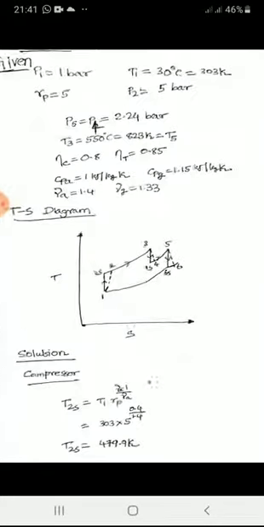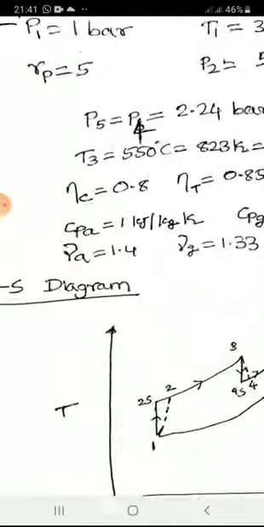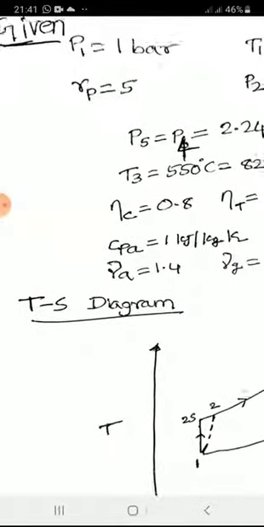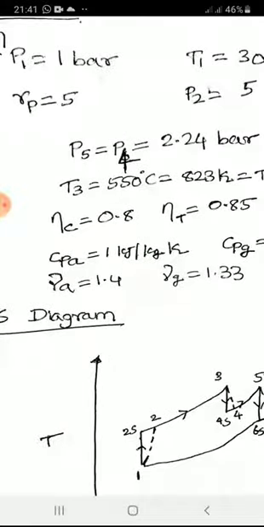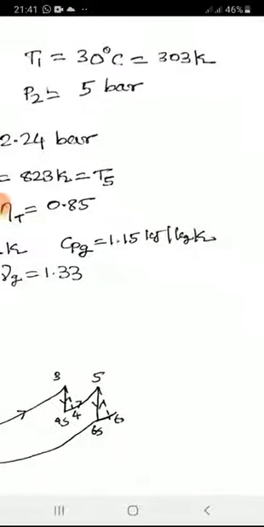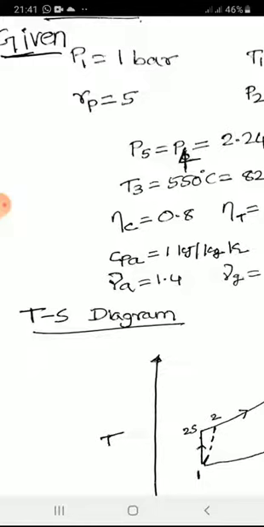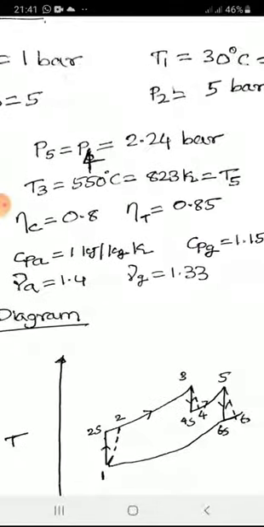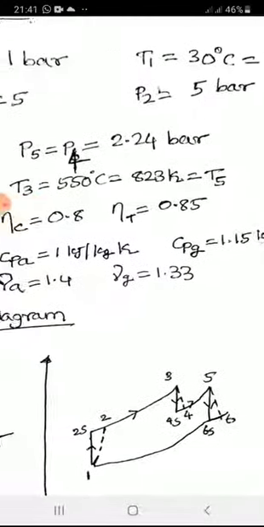So now we will see what is the given data. Pressure 1 is 1 bar, that is pressure at the start of compression, and temperature at the start of compression is 30 degrees Celsius, which is 303 Kelvin, and pressure ratio is 5, therefore pressure after compression will be 5 bar, right?